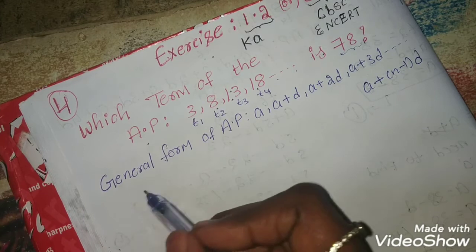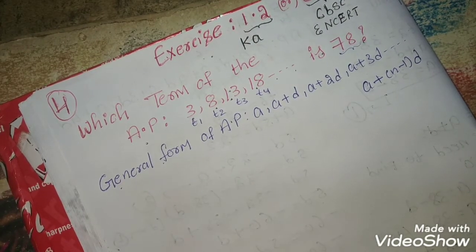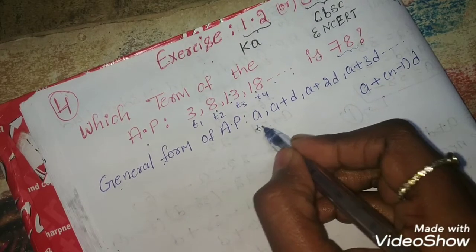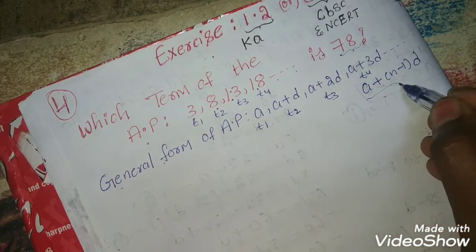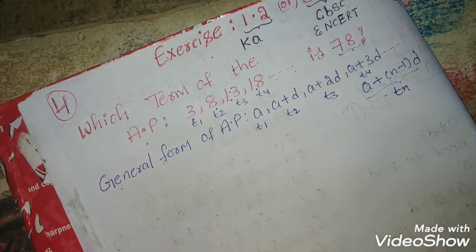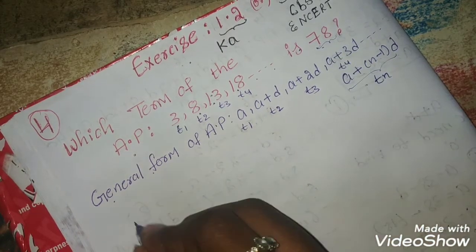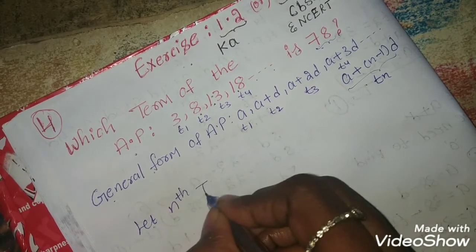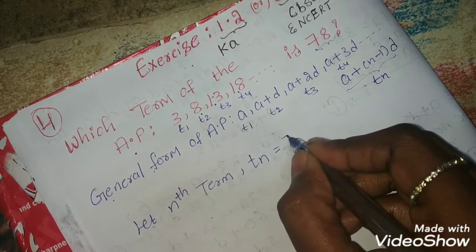We know that the general form of an arithmetic progression is a, a plus d, a plus 2d, a plus 3d and so on, a plus n minus 1 into d. So this is the first term, second term, third term, fourth term, and the nth term, that is Tn. Let the nth term Tn be equal to 78.